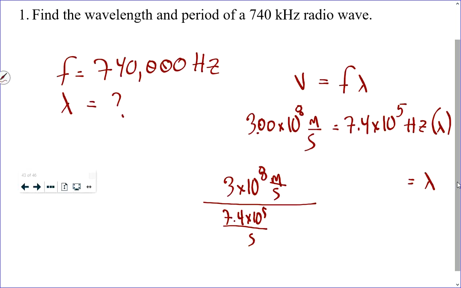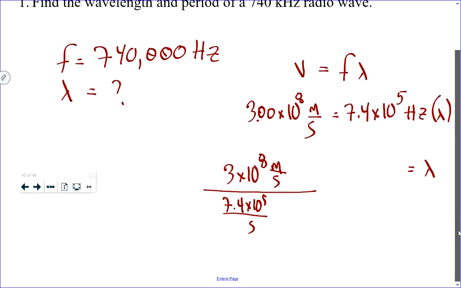And the seconds will cancel. If it's a math class that you want to focus on in your mind, I can multiply top and bottom by seconds. The seconds cancel and you're left with meters. If you don't want to think of it that way, we're dividing by a fraction, so you flip it over and the seconds go up top. The seconds cancel. So the answer here is going to be in meters.